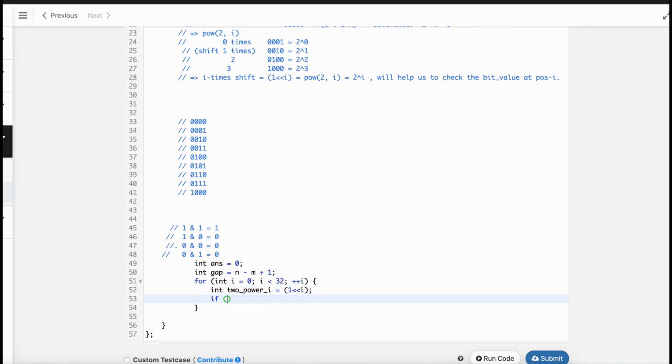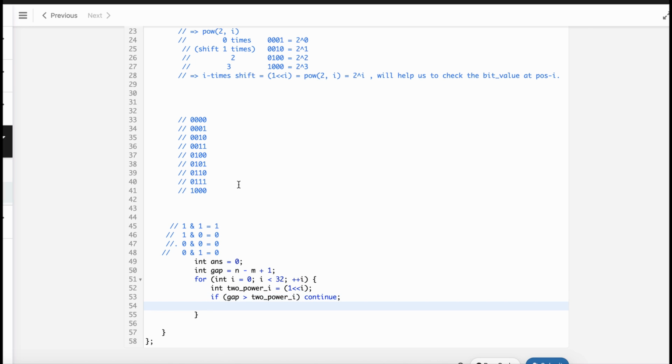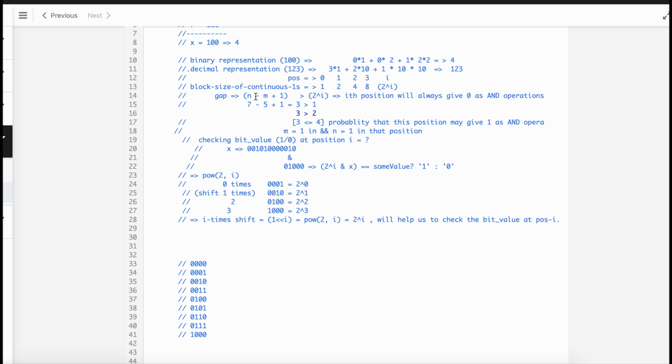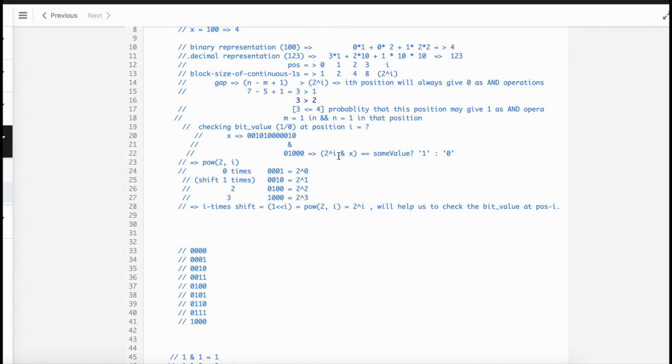And as we mentioned earlier, if the gap is greater than 2 to the power I, we'll just continue, so this will not give us any answer. Otherwise we may have an answer only on the condition that both of these should be 1.